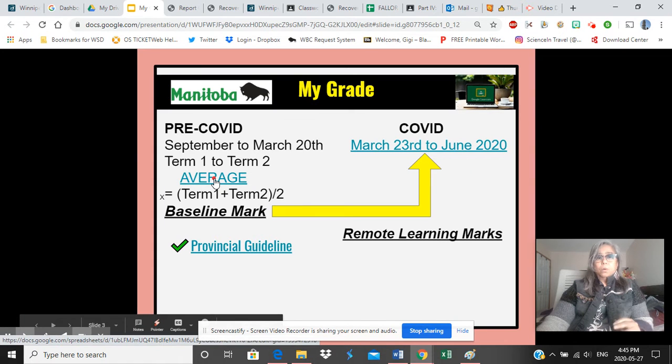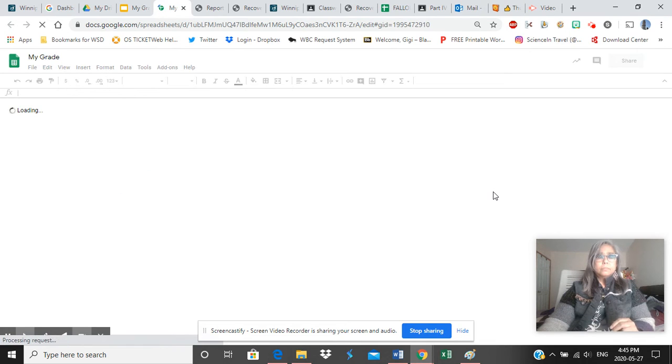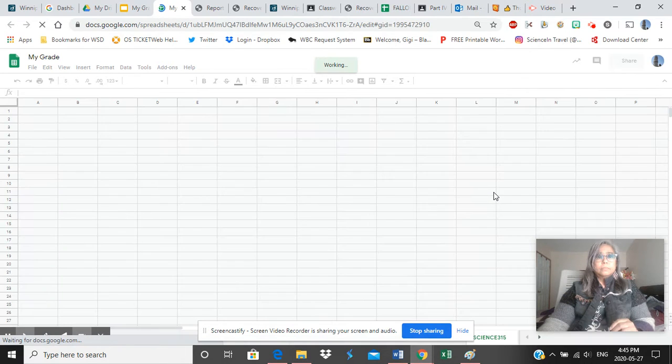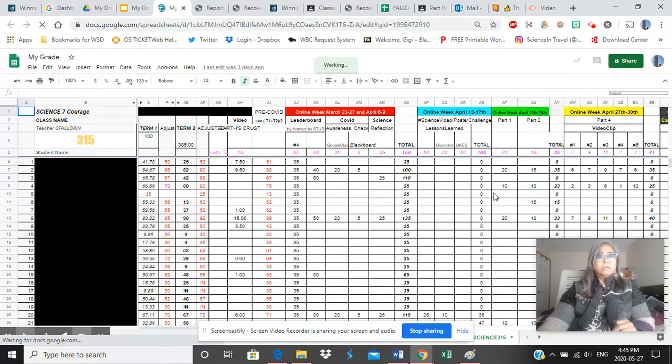On my grade book, this is how it's going to look like. This is for grade 7. I also have the same run of things for the other grades, but let's just take a good look at what I have here.